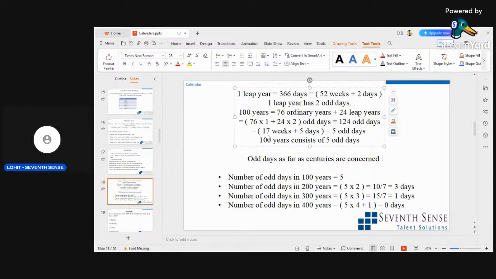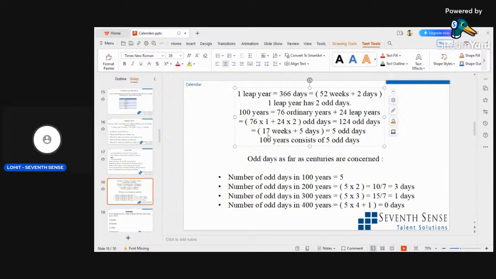Just now I told you that if it is a century year, you're going to divide it by 400, and the remainder should be 0. If you divide 100 by 400, what is the answer? The remainder is 100. Your remainder should be 0. 100 is not a leap year.